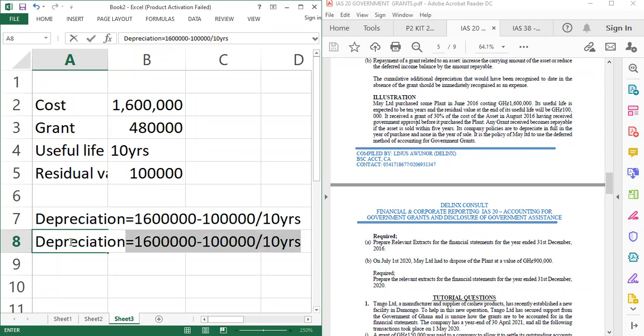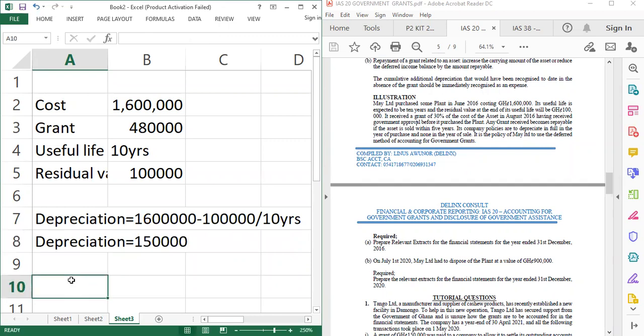It is 150,000. They say it is their policy to use full year depreciation, so whether you acquired it early or not, it should be full, even if it is bought on 31st December. Since they are using full depreciation, they will use the same method for the grant too.